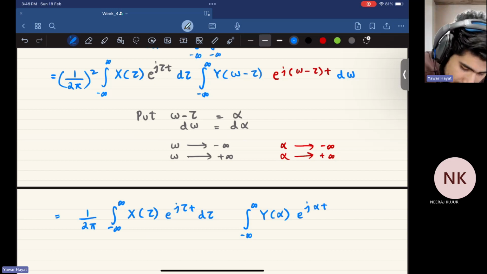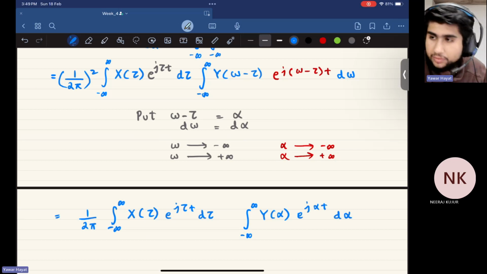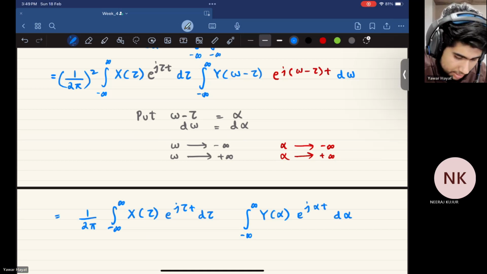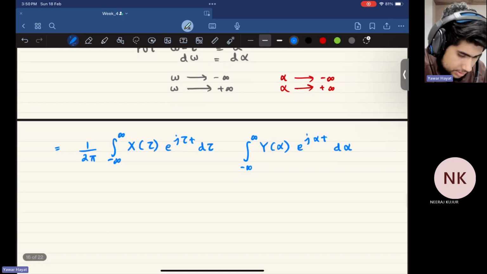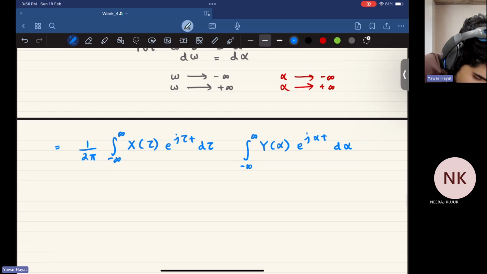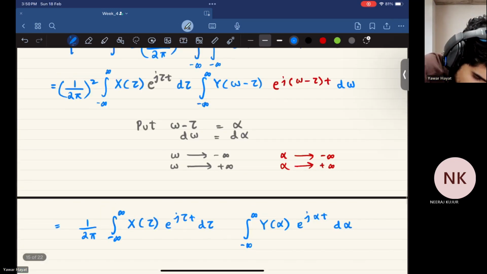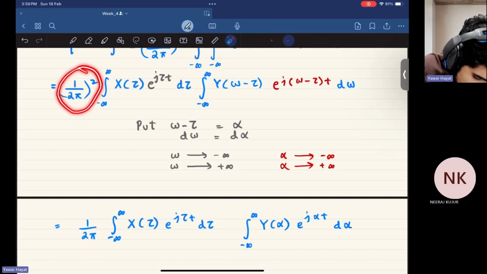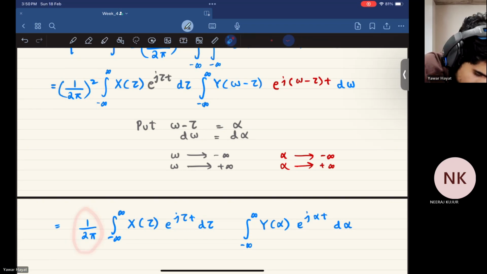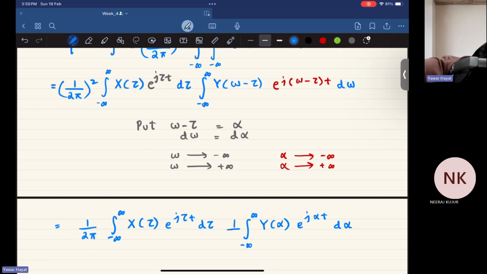And d omega is d alpha, right? So now, I had 1 over 2 pi's. I used one here. I missed out the other one. Let the other one be here, right?